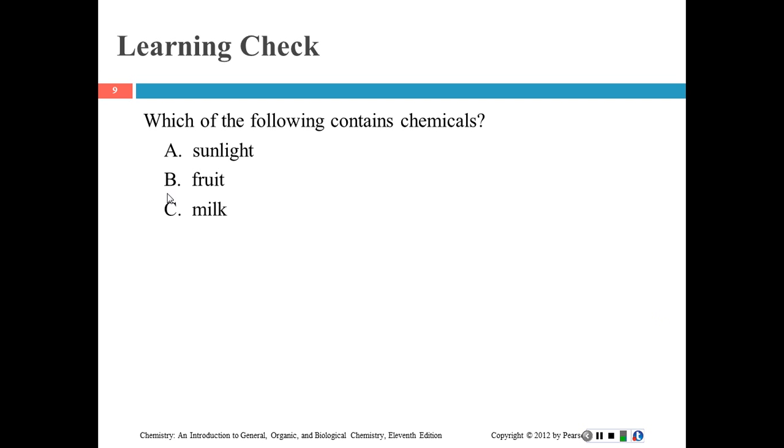Well, we already said fruit, because we saw that sitting on the counter. And if fruit is a chemical, then milk probably is too. What about sunlight, though? Actually, sunlight is energy, so sunlight is not a chemical. Just B and C would be the chemicals.